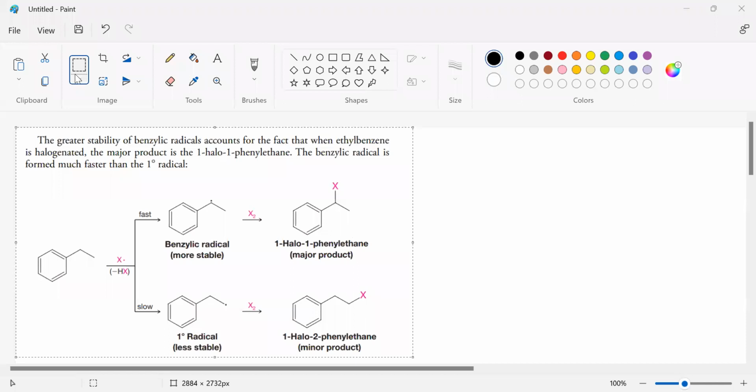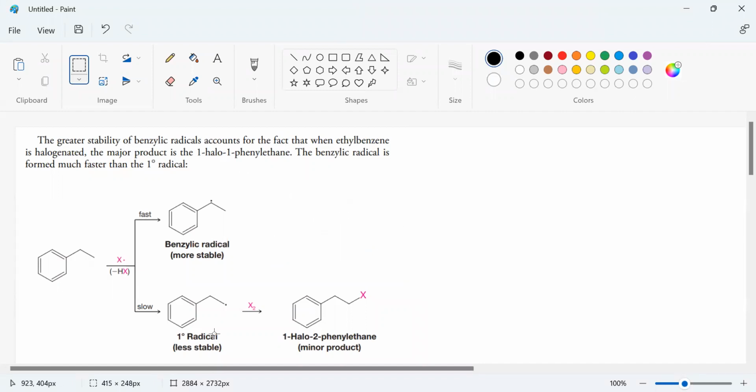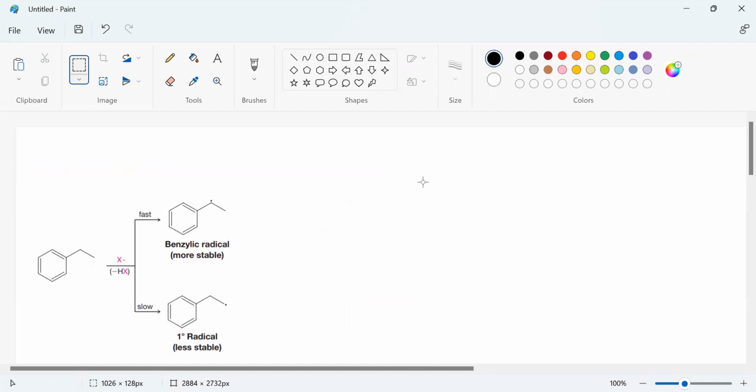Okay, so before we end, I'm going to show you what makes the benzylic radical much more stable. Once you produce your benzylic radical, the same way that we have the allylic radical, it is very stable by pi electron delocalization. Here you can write a resonance structure that contributes to the delocalization, or the stabilization, of our radical.